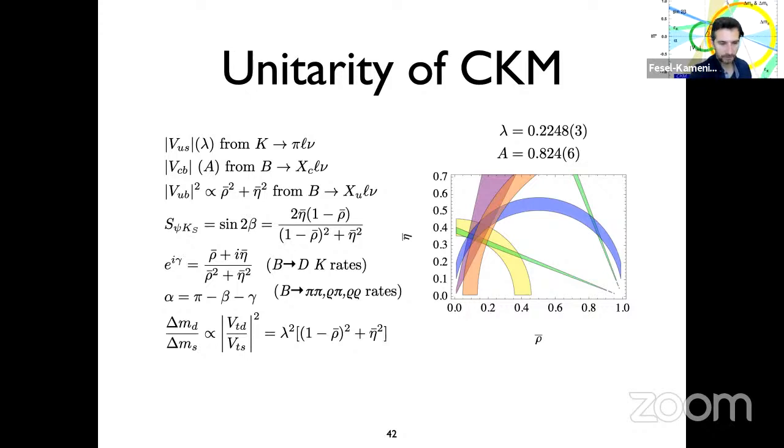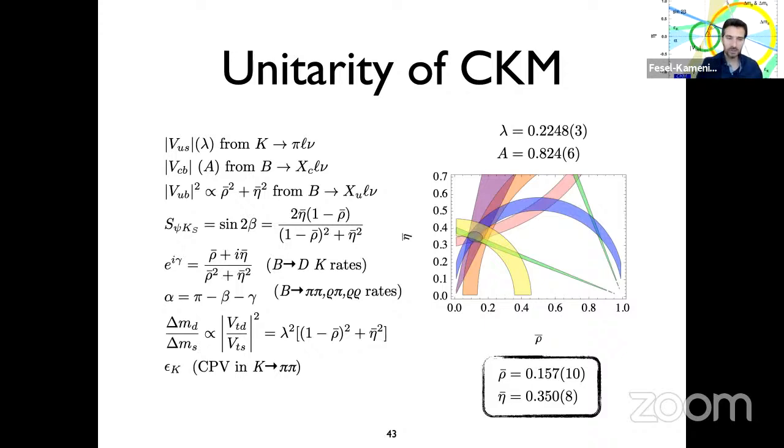in this plane. And finally, one can also use information coming from kaon decays. So if you remember, yesterday we discussed that CP violation was first discovered in the kaon system, observing some CP violating K to pi pi decays.